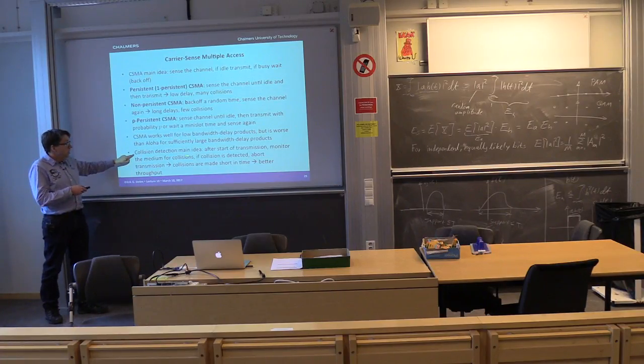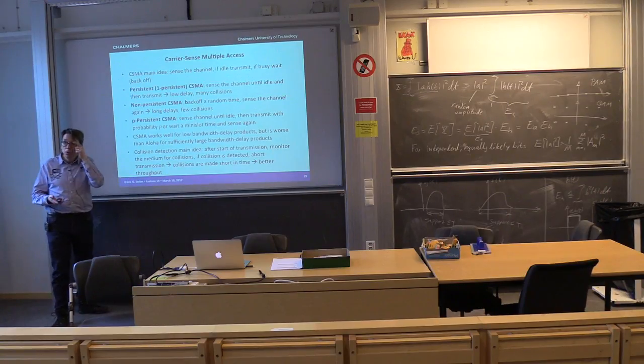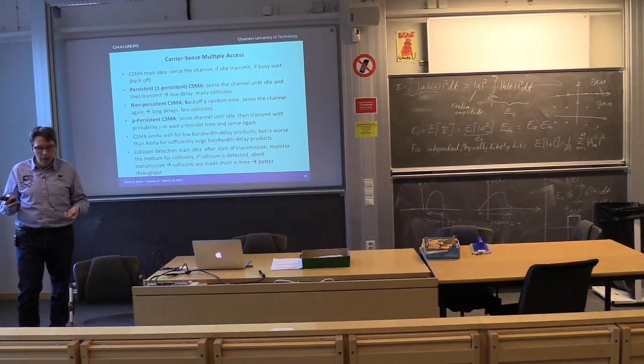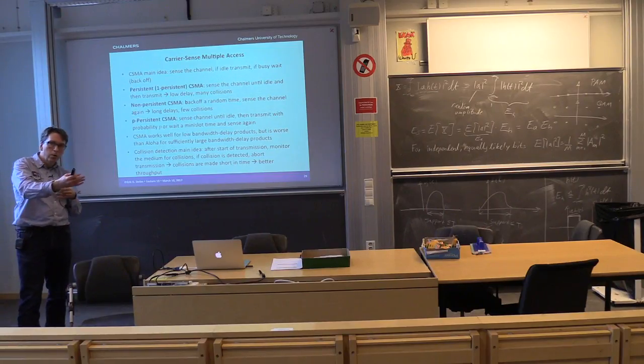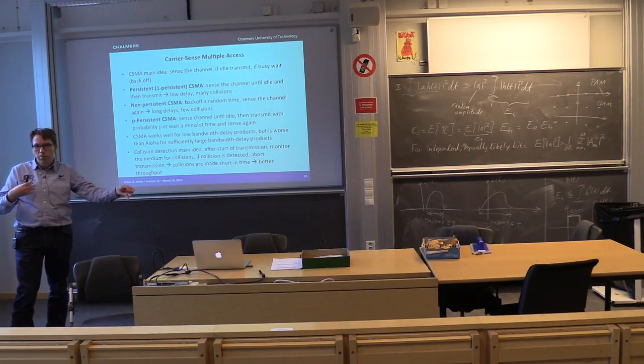The collision detection idea is that when we start a transmission, we monitor the medium for collisions. If a collision is detected, we abort the transmission. Okay. And collisions are therefore made short in time, and that gives better throughput. So this collision detection, we use that when we can, and typically we can do that when the transmit power and the receive power are not so different.